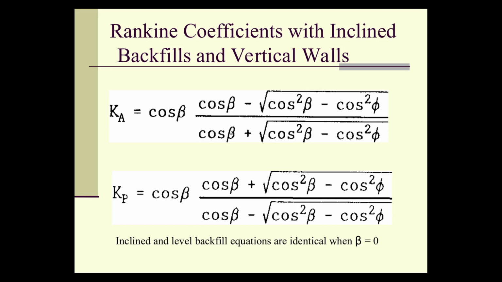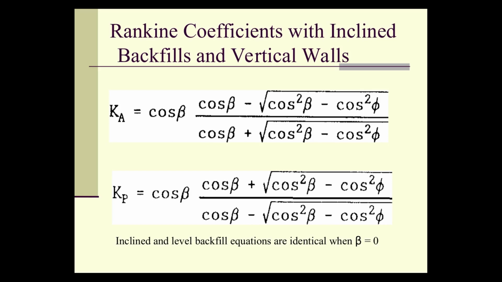If I include a beta greater than 0, this is the Ka and Kp for Rankine theory only. It does not apply to Coulomb theory. You'll note if I put beta equals 0, these will reduce to your active and passive Rankine conditions.